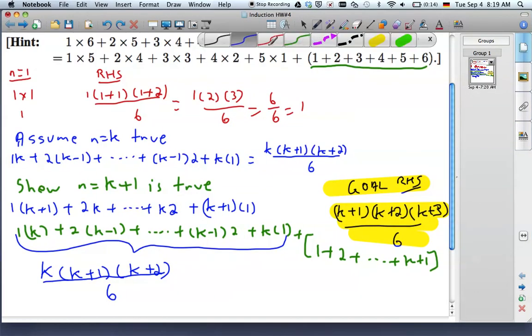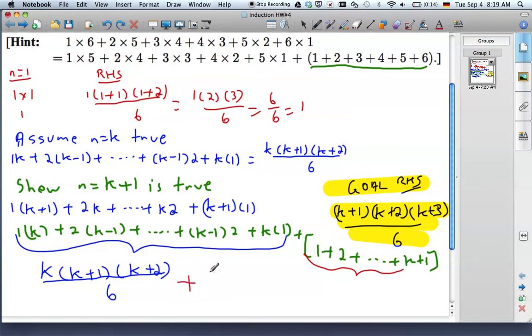This piece here should look very familiar to you. You're adding up all the numbers from 1 to k plus 1. This is a story I told you guys about Gauss. It's summing an arithmetic series from 1 to k plus 1. So let's see what that's going to do. There are k plus 1 terms.